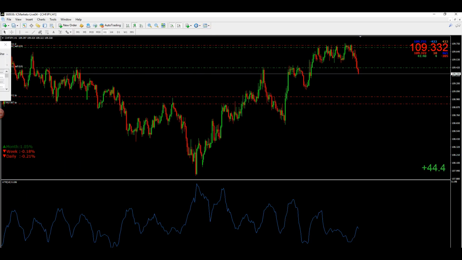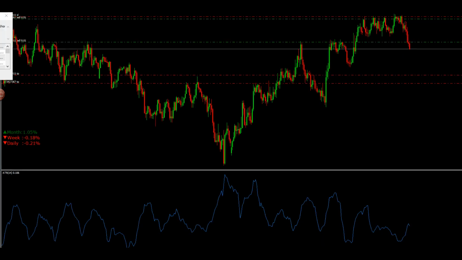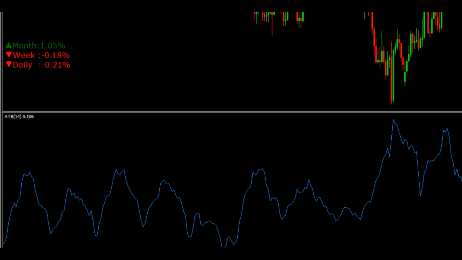What we basically want to focus on is this particular number. Here it says 0.106. Now, there are times you would have 3 digits after the decimal point.